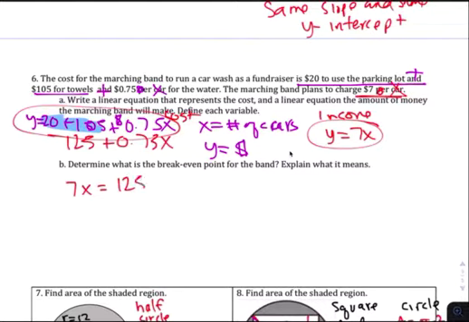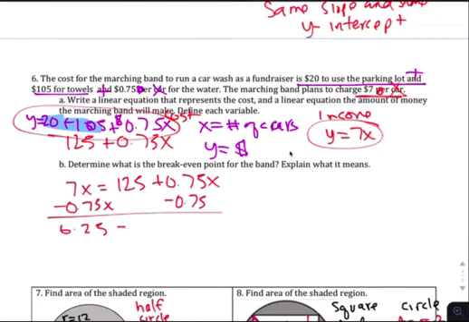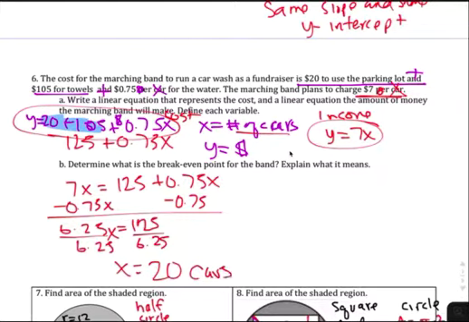So 125 plus 0.75x, subtract 0.75x, you get 6.25x equals 125, divide 6.25 to both sides, you get x equals 20. 20 is the number of cars, 20 cars.